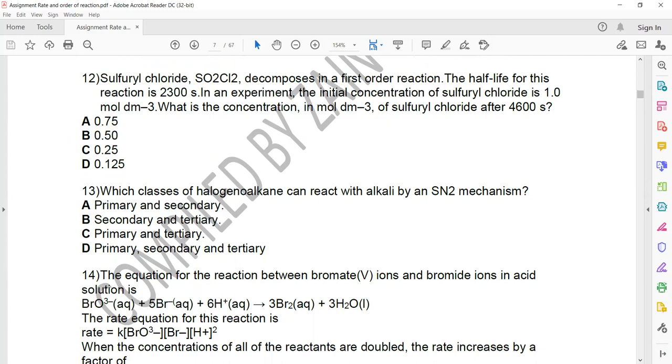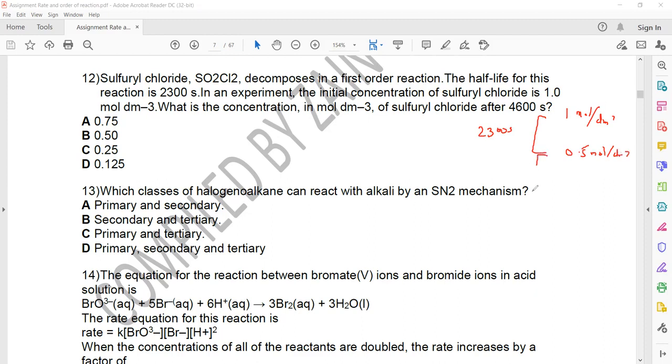Originally, the concentration is 1 mole per dm cube. After the first half-life, that means after 2300 seconds, it will be 0.5 mole per dm cube.